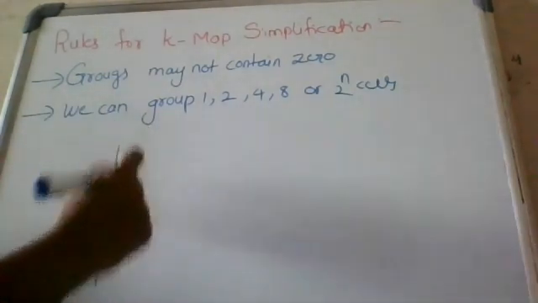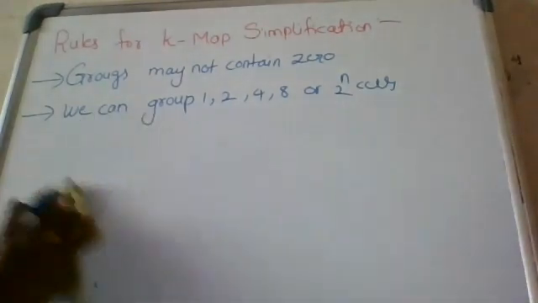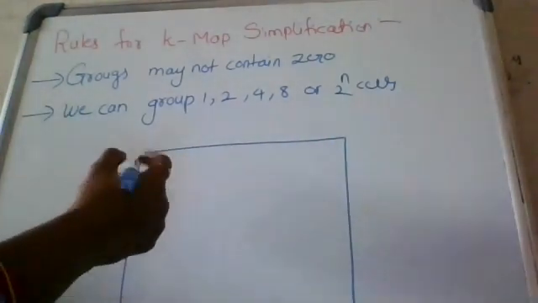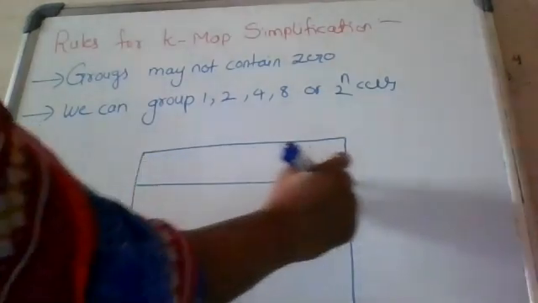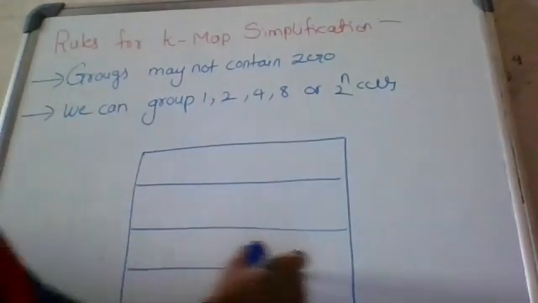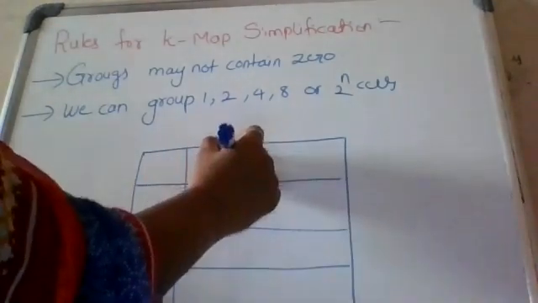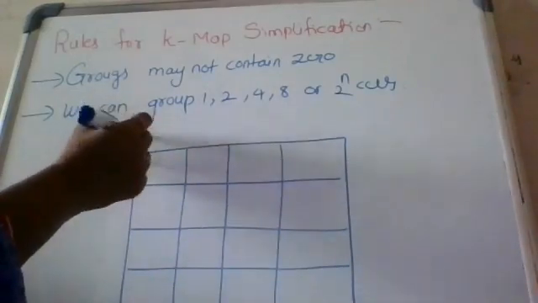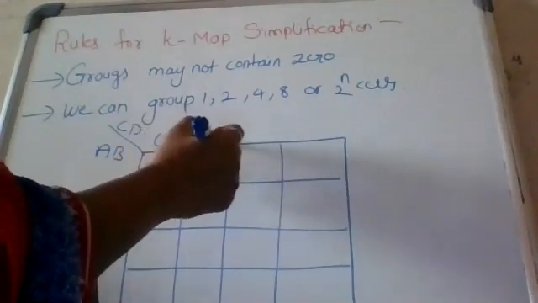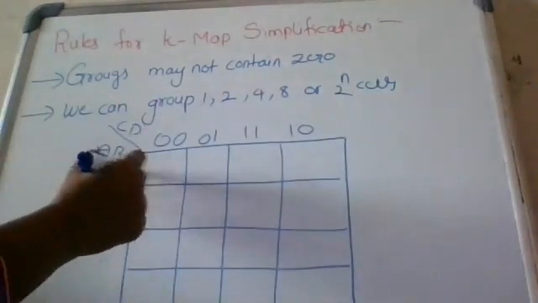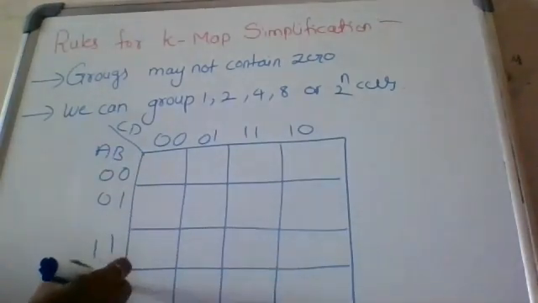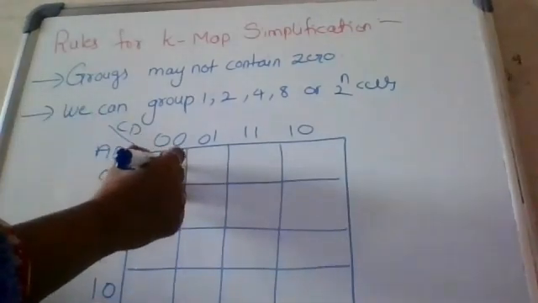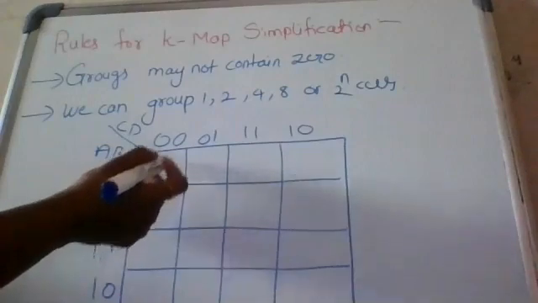Suppose here I am taking a 4 variable K-map. Here AB, here CD, with 00, 01, 11, 10. If there is a 1 here, this can be taken as a group.